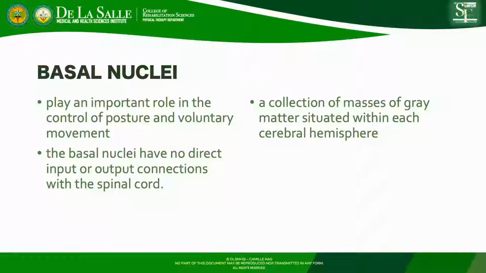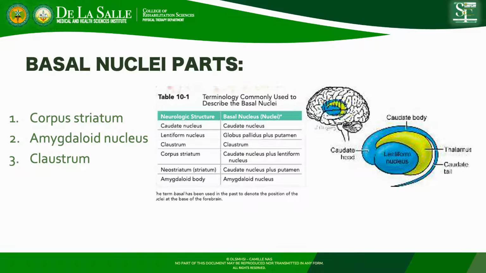So again, the basal ganglia, these are collections of cell bodies that are scattered, embedded inside our brain. And we have different names for the parts that comprise the basal nuclei. We have first the neurologic structures. We have three parts: the corpus striatum, the amygdaloid nucleus, and the claustrum.